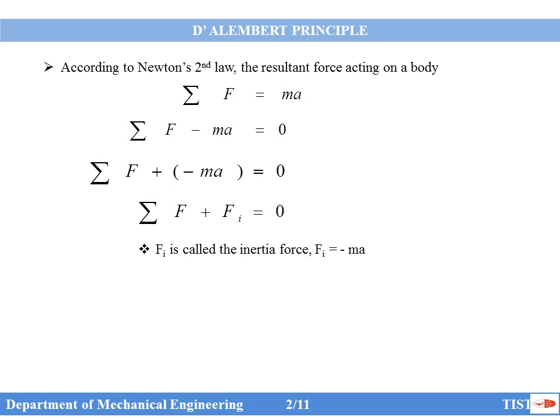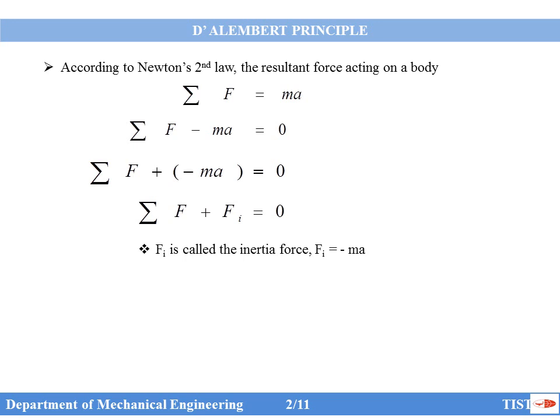D'Alembert's principle states that this net force, which is sigma F, and the inertia force, which is minus ma, keep the body in a fictitious equilibrium, not the equilibrium we use in statics, but an imaginary equilibrium. That equilibrium is called dynamic equilibrium. So it is not the actual equilibrium condition, it is a fictitious or imaginary equilibrium.